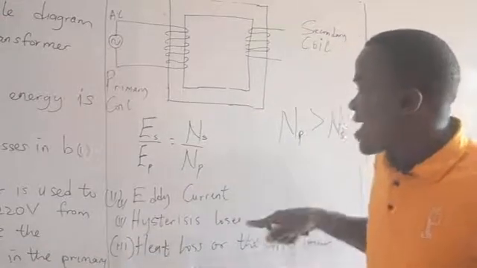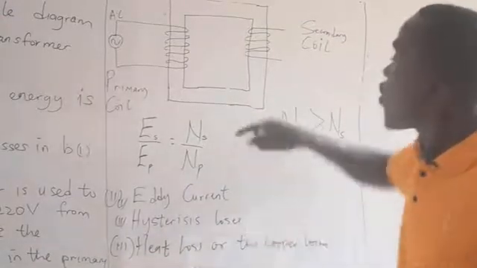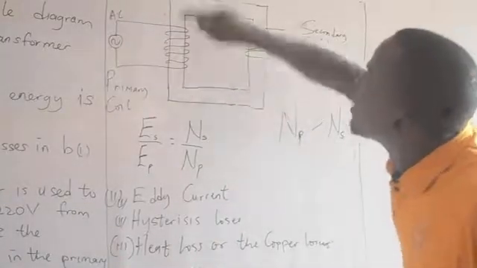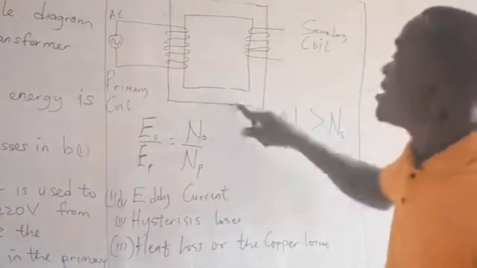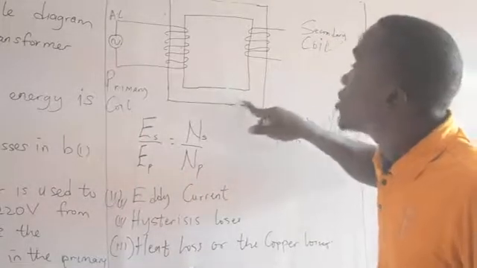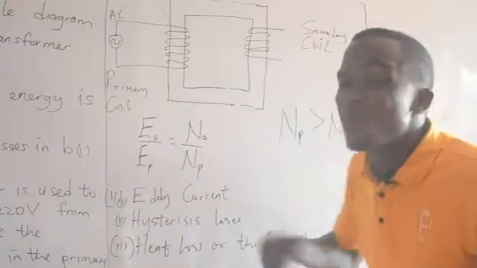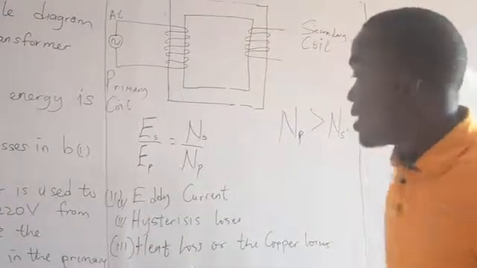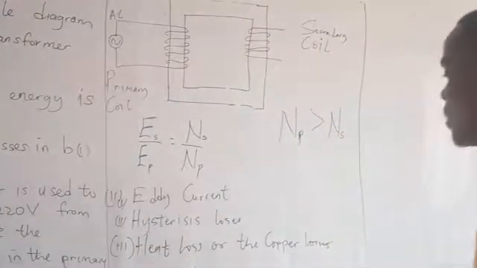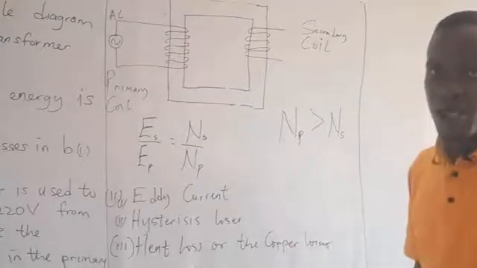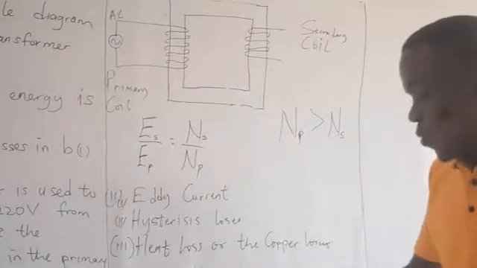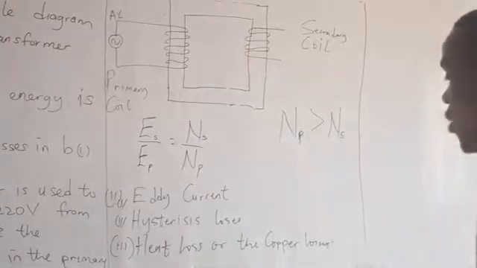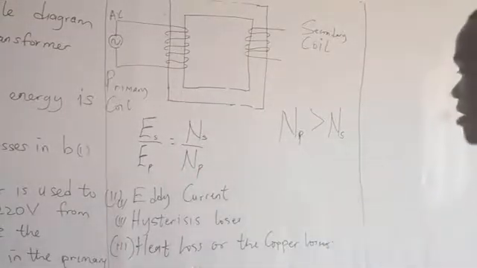But when it comes to the hysteresis losses that may occur from there, the material used to make the iron core needs to be made of what? The soft iron core. Now when it comes to the heat loss or the copper losses, it is very advisable that we should use low resistance coil. You use low resistance coil.